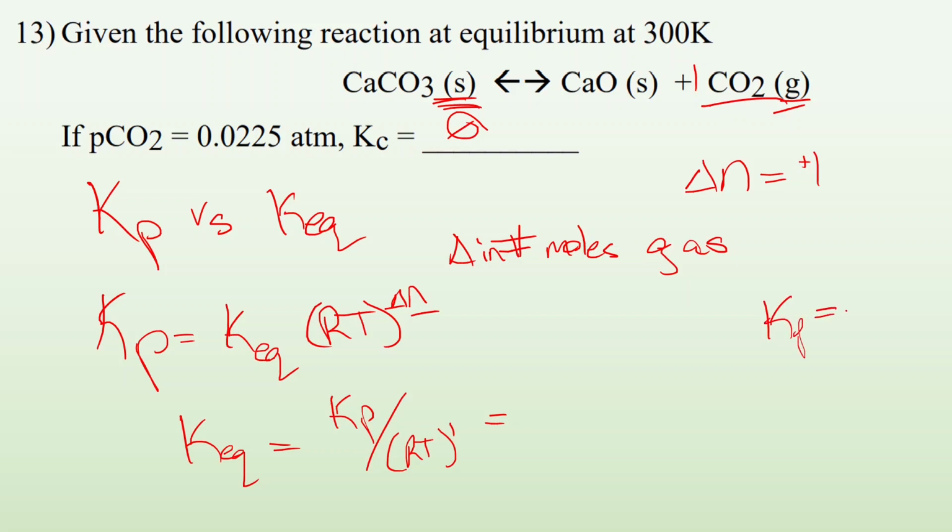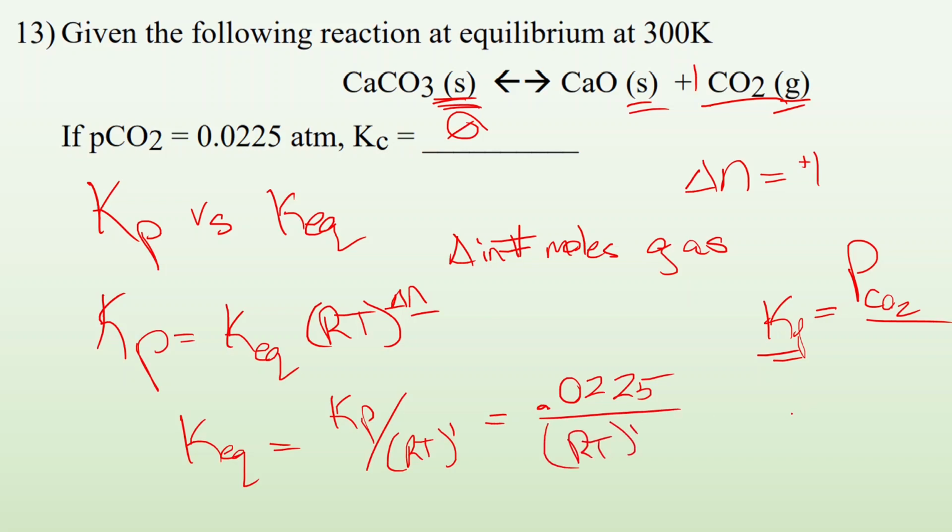It's just going to be equal to the pressure of the products, which is just CO2. The other one's a solid, so it's not involved. Divided by, that's just a solid too. So here the KP is the pressure of CO2. So 0.0225 divided by RT to the 1. And then you end up with 0.000914.